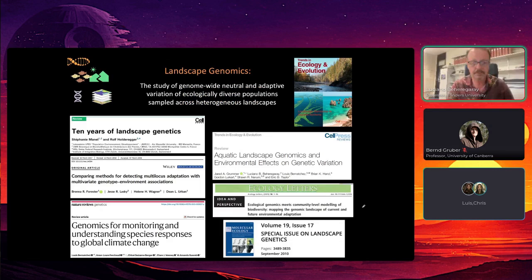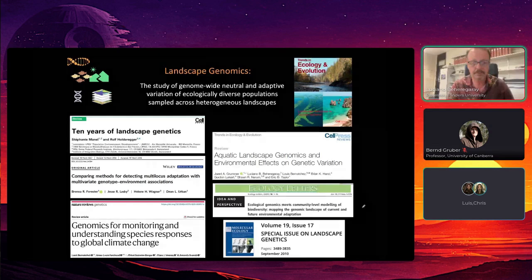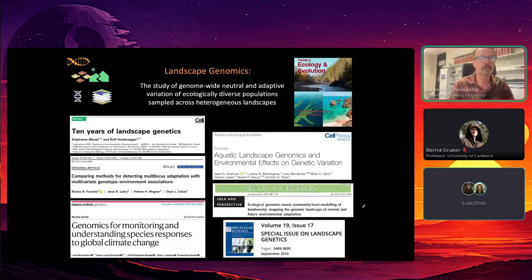In that case, and also for species that are highly connected, it's very important to ask the environment questions about natural selection. That's when we try to integrate environmental and genomic data sets. That is the branch of ecological genomics known as landscape genomics. It's now a relatively well-established field. Some people believe it's about 20, 25 years old. I'll soon show you a plot of a study done during the 80s that can definitely be a landscape genetics study.